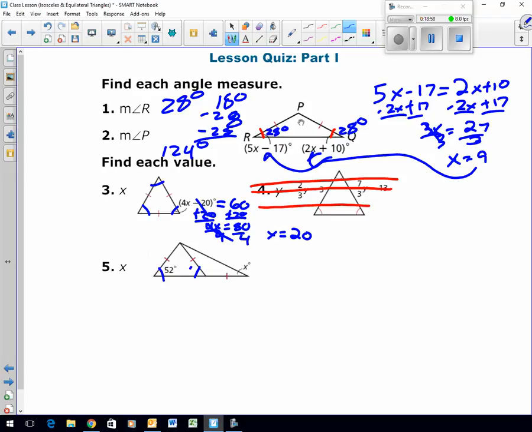Thank you. What do we know about these total measurements? How much does it have to be? It's a line. How many degrees are on a line?